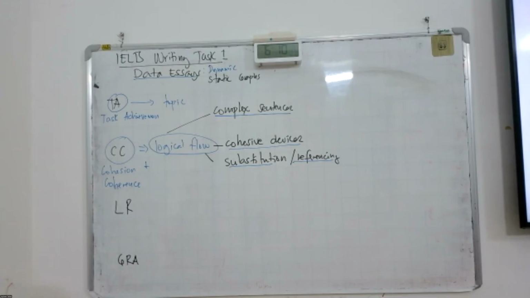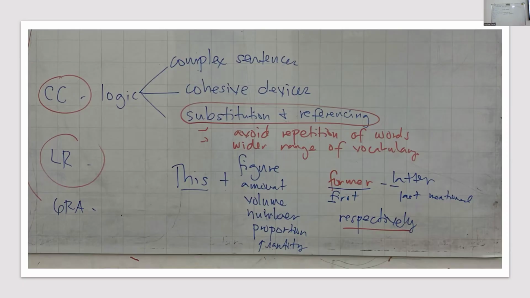Okay, so we check here. I'm going to show you the screen, and let us check this one by one. What do I mean by the accurate use of complex sentences, cohesive devices, and substitution and referencing.